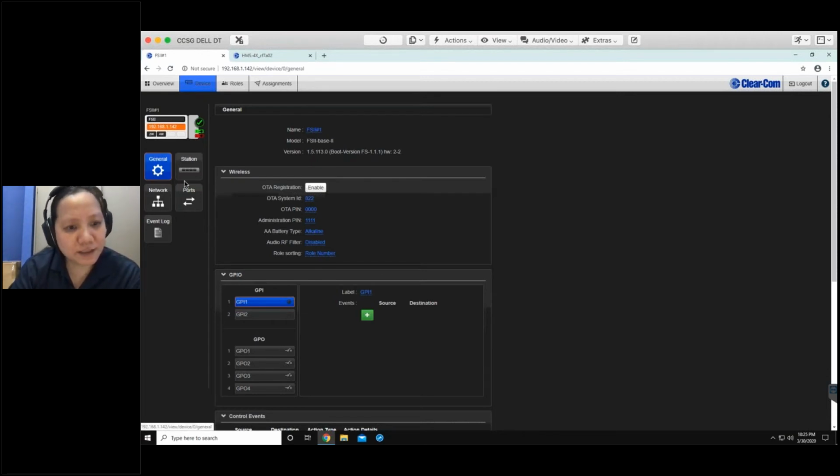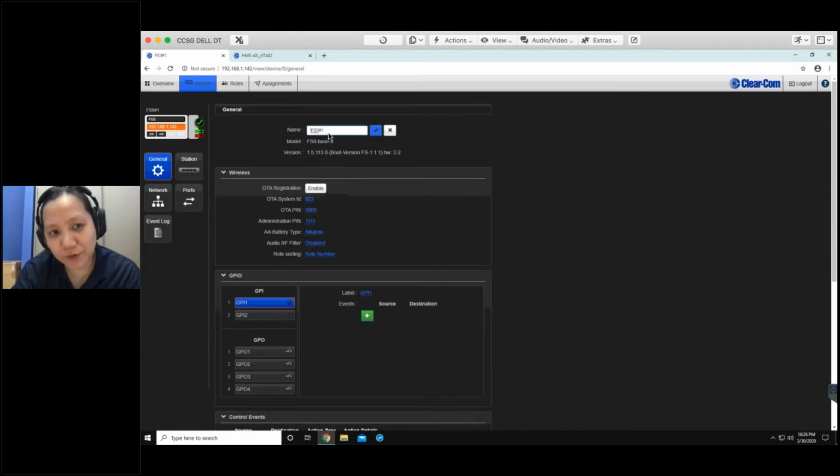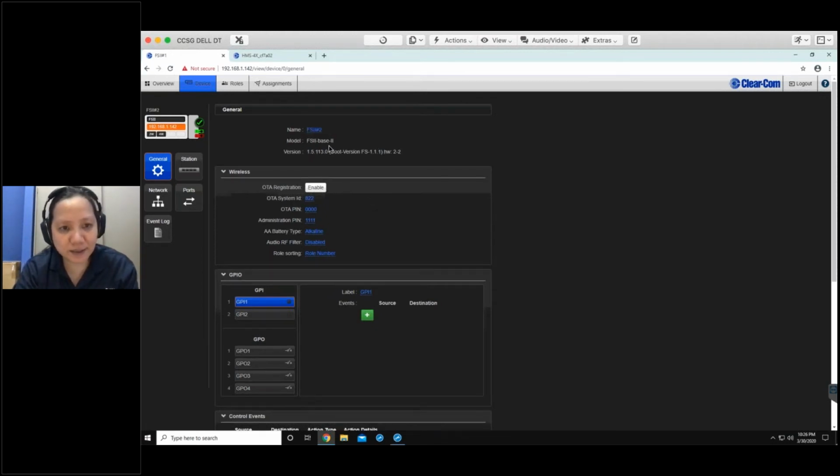This is the general tab, where you can change the FreeSpeak base name. Anything that's blue, you can change. By clicking here, you can change the name and then tick, and it will take the new name. If you have more than one FreeSpeak base station in your setup, you should name them so that you know which base you are dealing with.